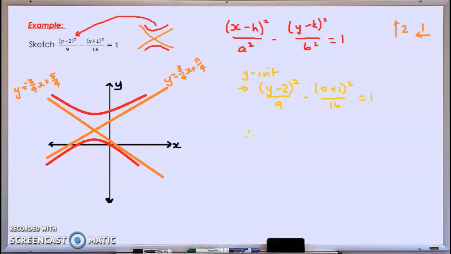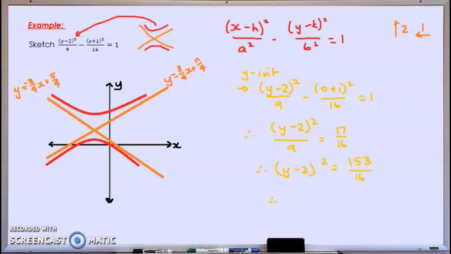And then we need to algebra our way through this. (y minus 2) squared over 9 will equal 17 over 16. We'll multiply both sides by 9, and I think that'll be 153 over 16.